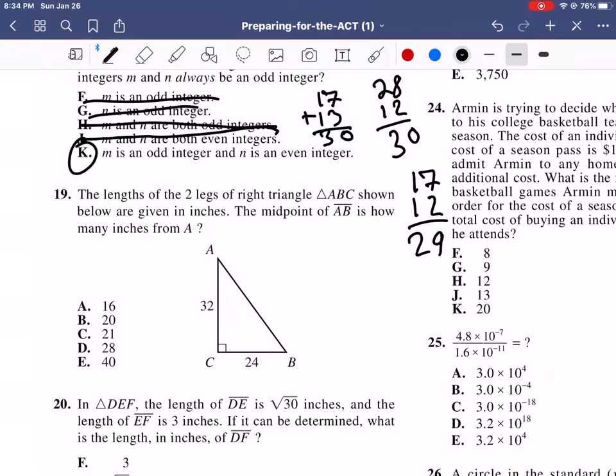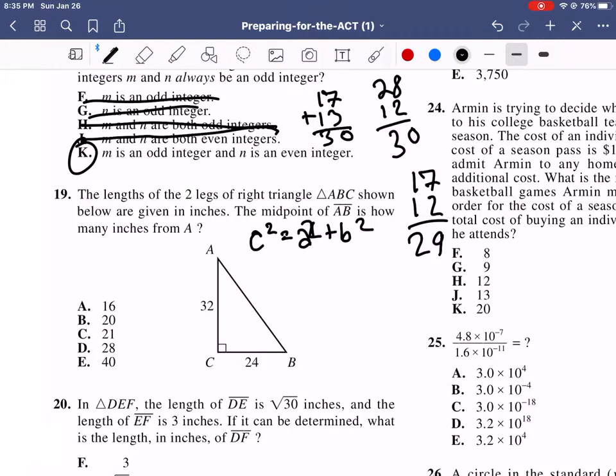The lengths of the two legs of right triangle ABC shown below are given in inches. The midpoint of AB is how many inches from A? So first I would use the Pythagorean theorem, which is a squared plus b squared equals c squared.